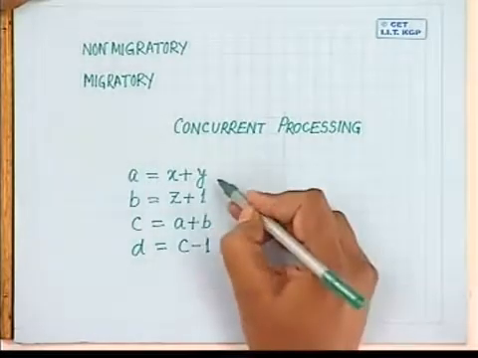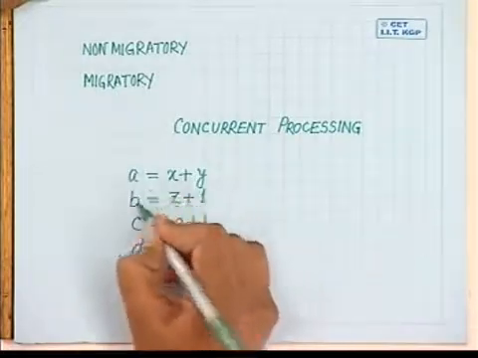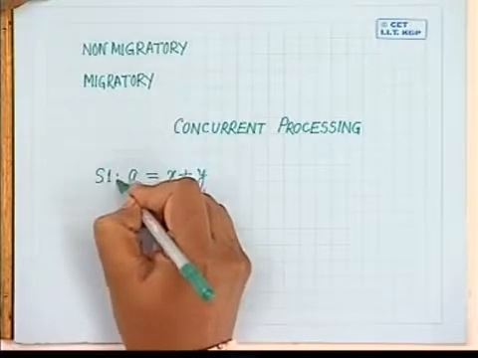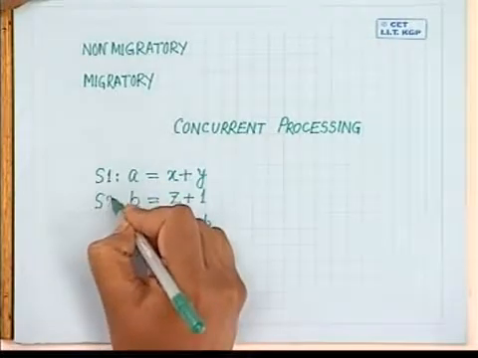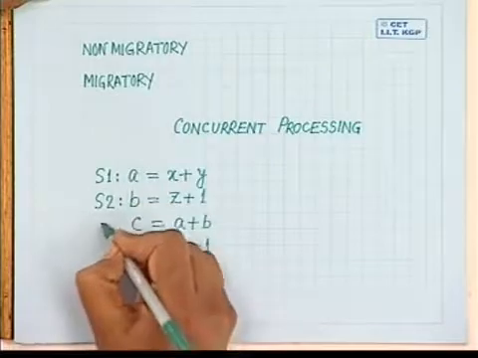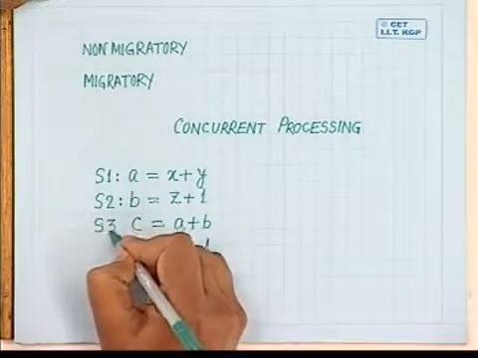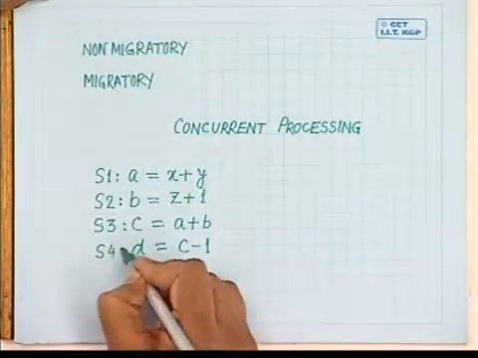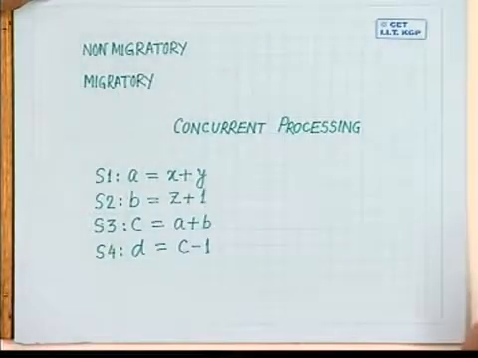I take these four statements and call them statement number 1, statement number 2, statement number 3, and statement number 4. Suppose these are the statements belonging to a particular task, and we have to find out how many of these statements can be executed concurrently.